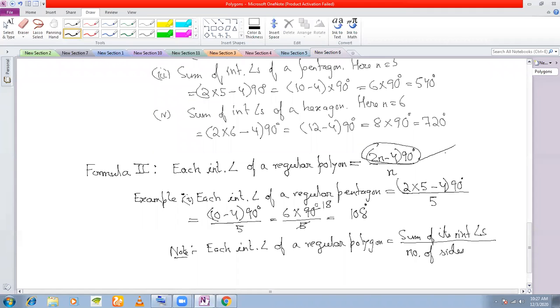And that is what this formula is actually. Okay. (2n minus 4) into 90 in the numerator that you see is nothing but the sum of the interior angles.